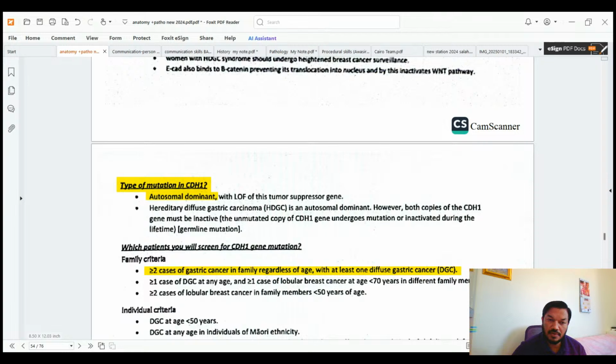Family criteria, I would say the first one: two or more cases of gastric cancer in the family regardless of age, and one or more cases of lobular breast cancer under 70 years in different family members. Two or more cases of lobular breast cancer in family members under 50 years of age.